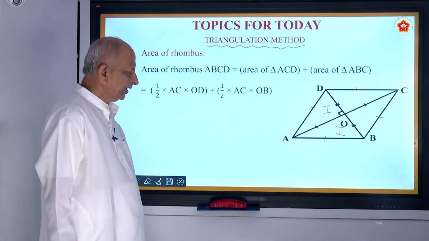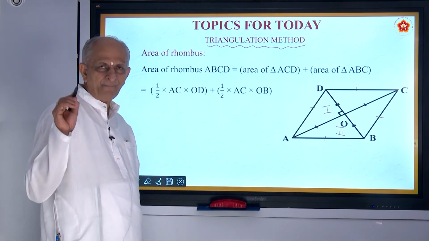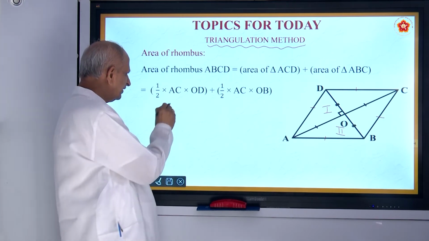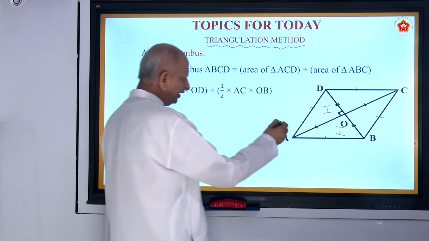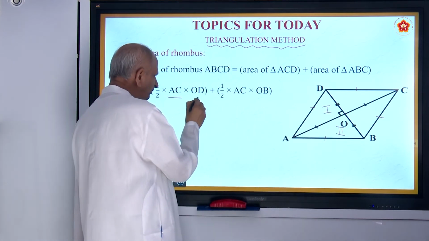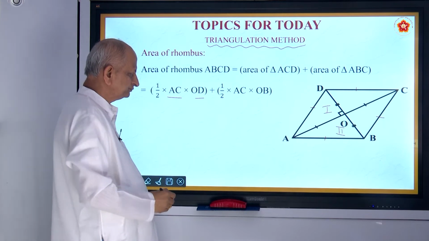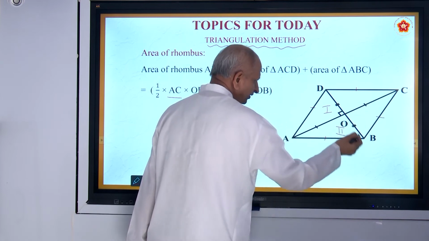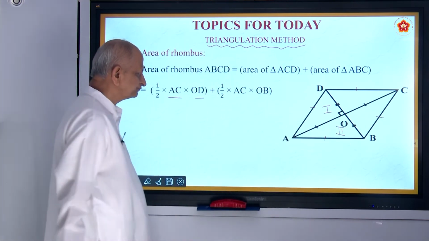Okay. Now what is the formula for area of triangle? Half of base into height, half BH. Here what is B? AC. What is H? OD. So this is the base, this is the height. So half base into height. What about triangle ABC? In triangle ABC also, AC is the base, OB is the height, half of AC into OB.